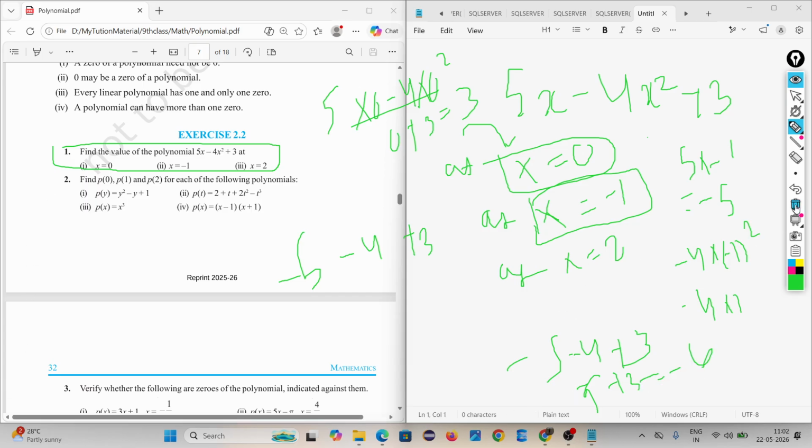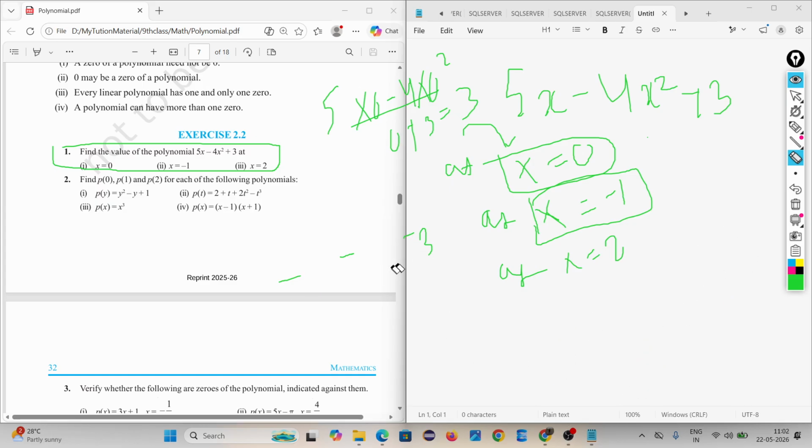Then lastly, when x equal to 2, find the value of the polynomial.